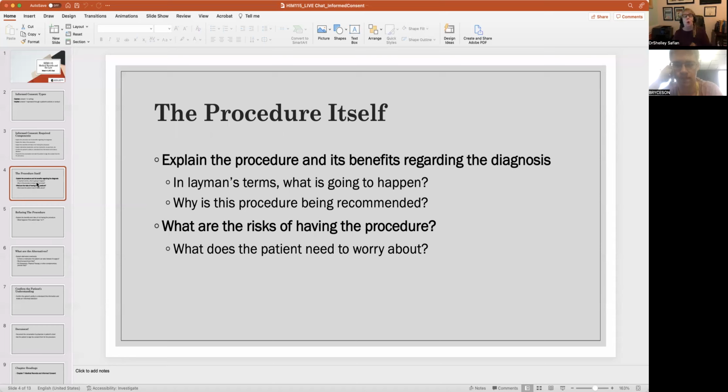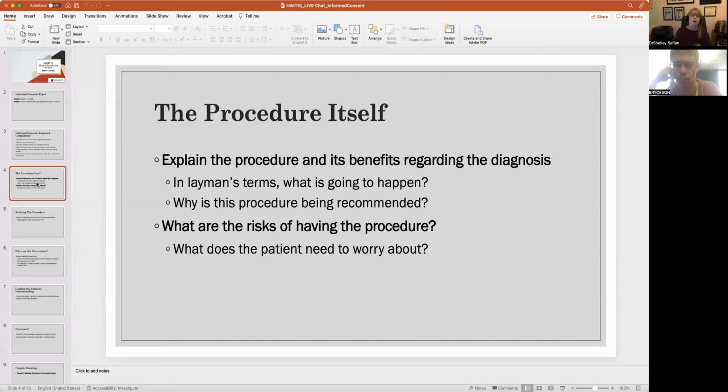So maybe the word worry is not appropriate, except as a patient myself, as a patient yourself, we all become patients at some point. You need to know that there's going to be something. So risks of general anesthesia is certainly one of them. The risk of death. Okay. I don't know. It all depends on what the procedure is. But the fact of the matter is, they must be discussed.